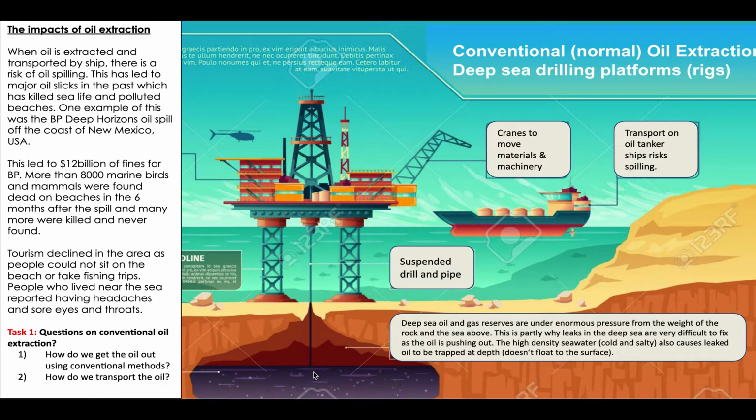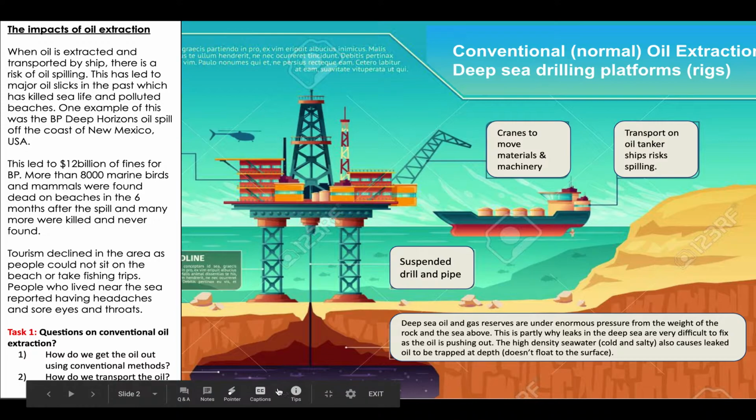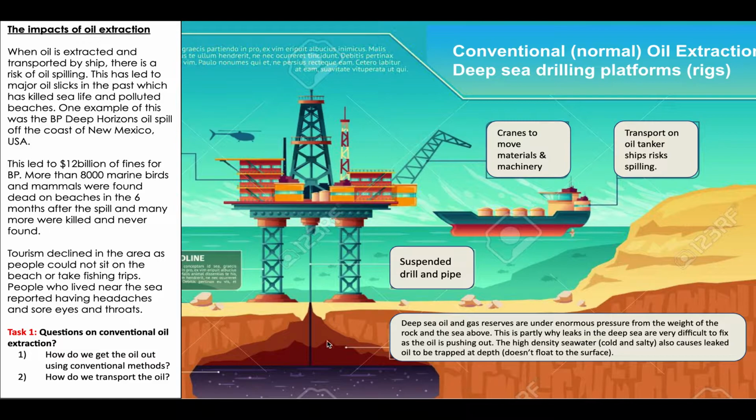Now, one of the reasons that this deep sea oil extraction or drilling is so dangerous is because the oil and the gas down here is not just underneath the layers of rock, but also underneath the sea. And this is putting enormous pressure on that oil.